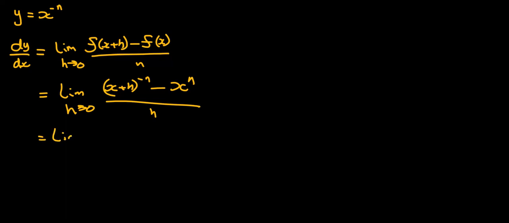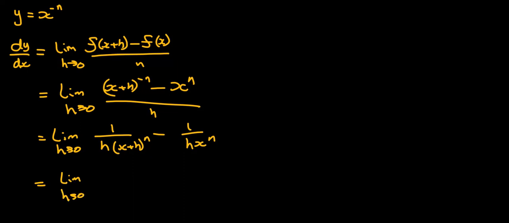Now I'm going to rewrite this as 1 over h times 1 over (x plus h) to the n, subtract 1 over h times 1 over x to the n. So let's take the h out, and we're left with 1 over (x plus h) to the n minus 1 over x to the n.